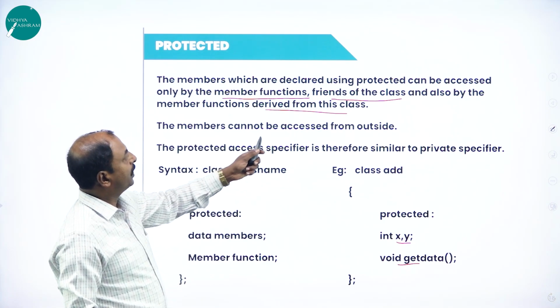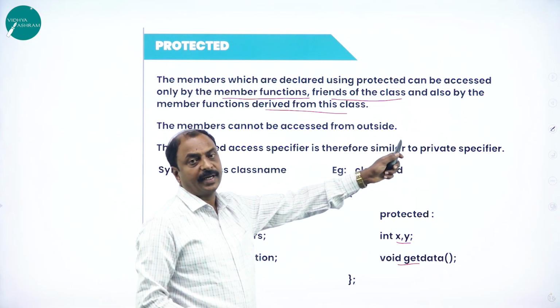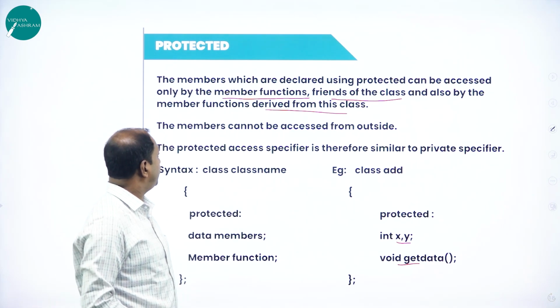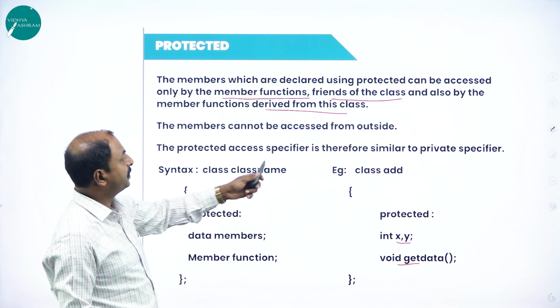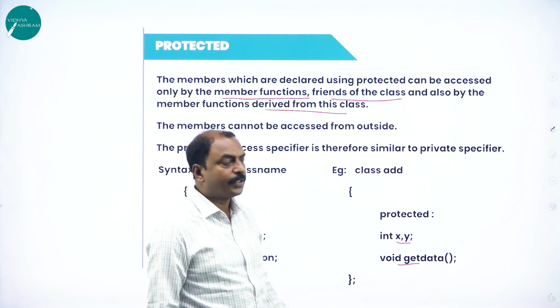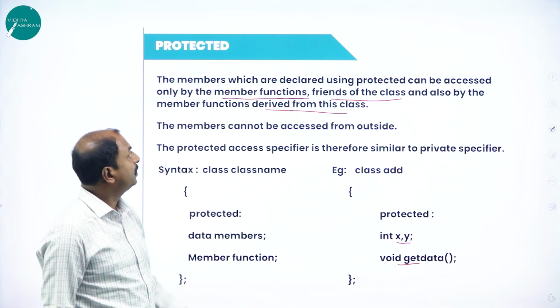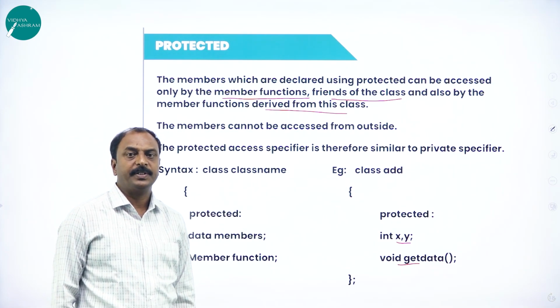The members cannot be accessed from outside. So this is one of the features of protected access specifiers, and the protected access specifier is therefore similar to the private access specifier. So this is about protected access specifier.